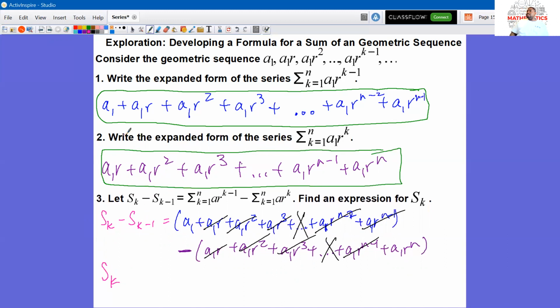And really what we did was, if you look carefully, we actually took this series and multiplied by this blue series multiplied by R to get the purple. So this SK minus 1 is actually going to be R times SK. And then that's going to leave A1 minus A1R to the N.